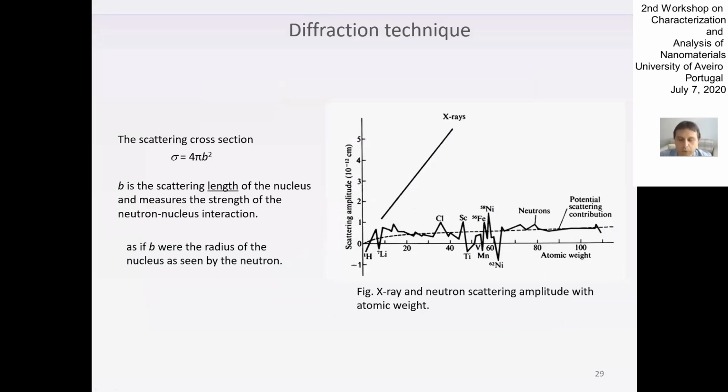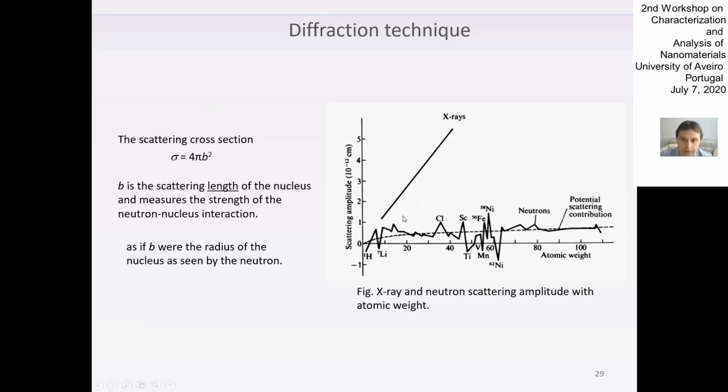That's one of the main drawbacks of X-ray radiation. We cannot precisely estimate the position of light elements like hydrogen, helium, even oxygen. It's not easy to refine the structure when we have these light elements inside the crystal structure. But for heavy elements, it works fine.